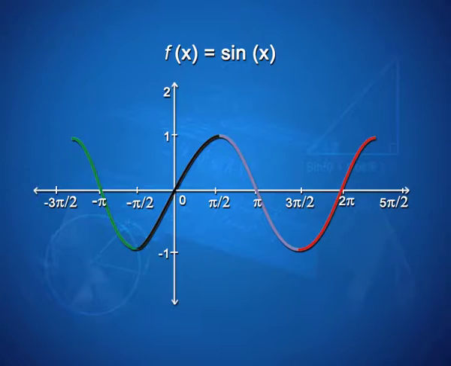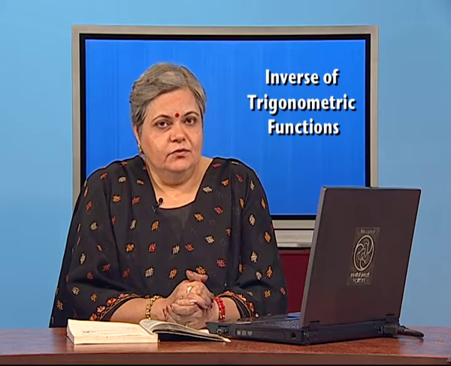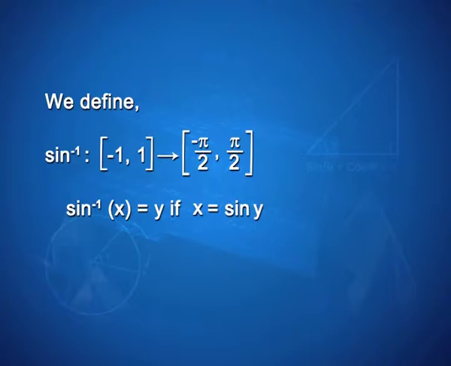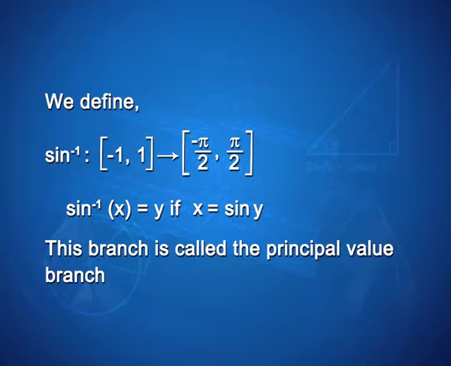1-1 and onto function. And so, we are able to define sine inverse as a function from closed interval minus 1 to 1, the range of sine function now becoming the domain of sine inverse, mapped onto the closed interval minus pi by 2 to pi by 2, defined as sine inverse of x equal to y if x equal to sine y, and that is known as the principal value branch.